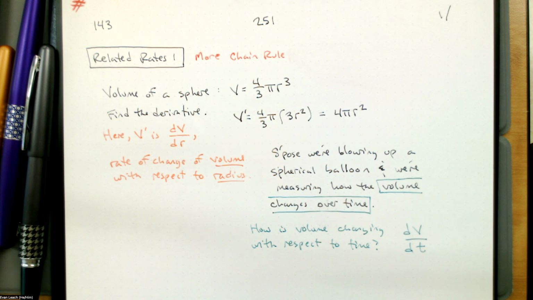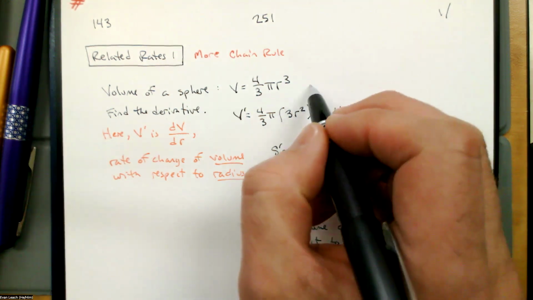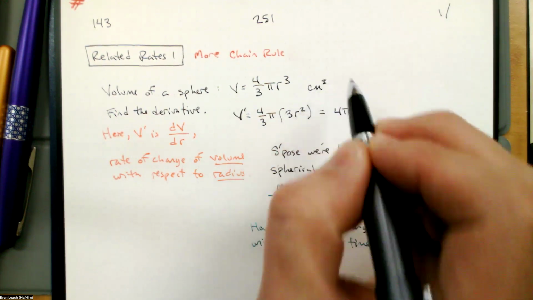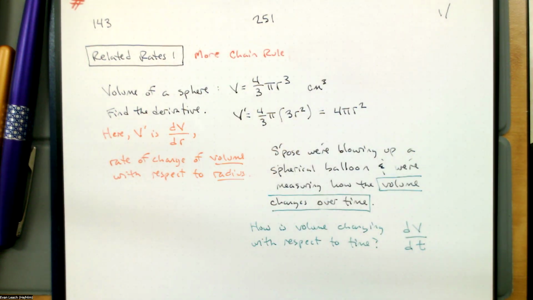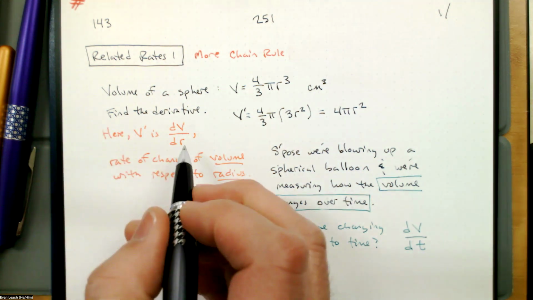So the rates that we had in dV/dr, when we just took the derivative, are cubic centimeters. Let's just use cubic centimeters. It would be cubic centimeters per centimeter.